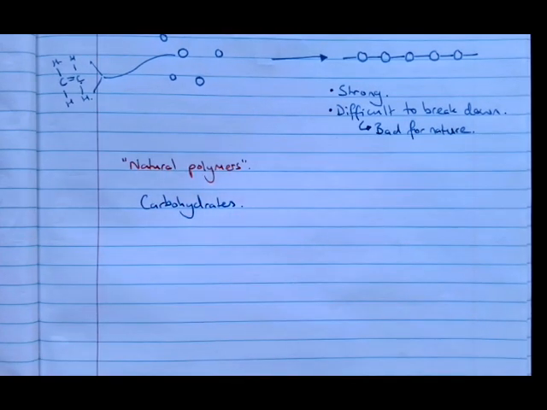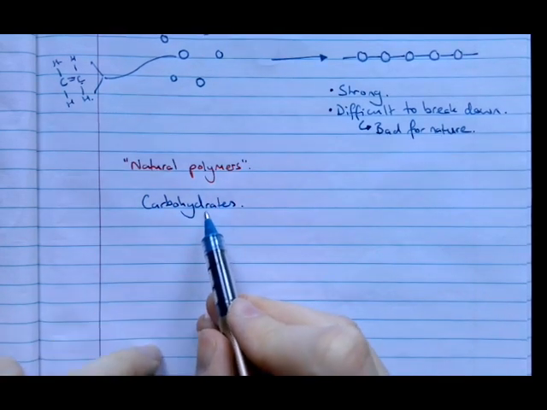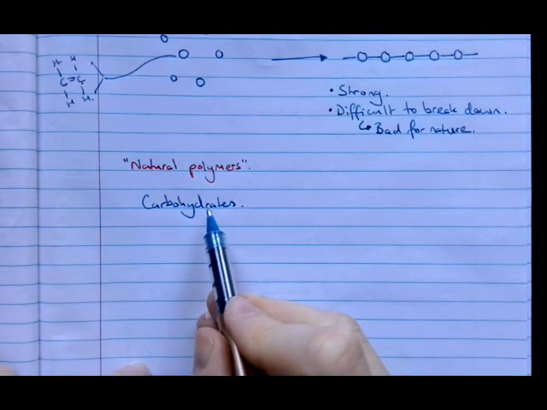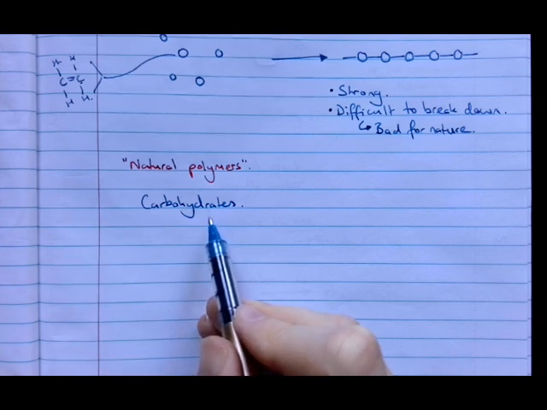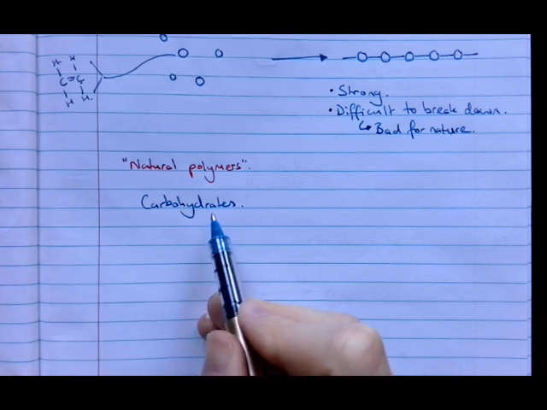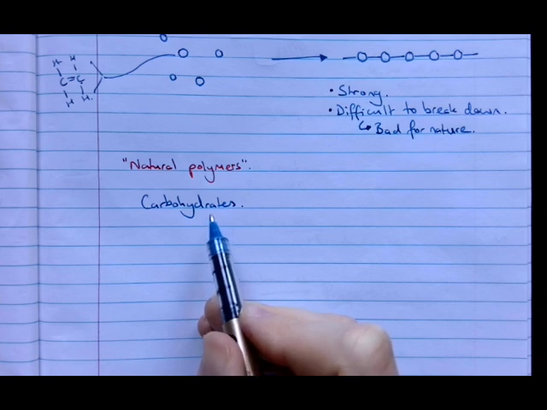If you remember, what do we use carbohydrates for in the body? Energy. Now, when the carbohydrate goes into the body, eventually it's going to end up in the mitochondria of the cell in order to be used to release energy.